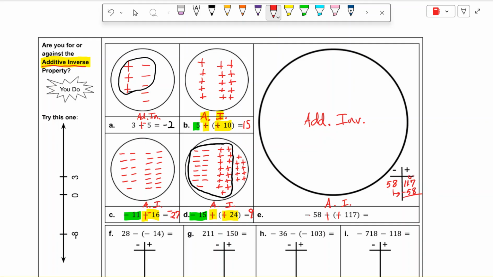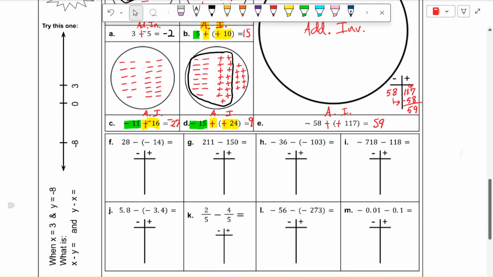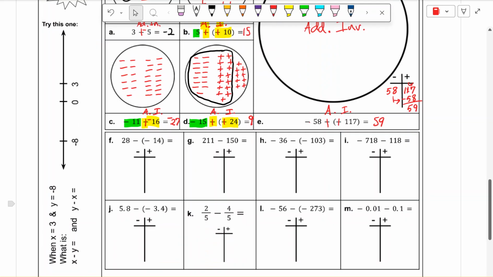I'll have to do some borrowing. So it looks like the answer is 59. That's way easier than drawing out all of those signs. So the T-chart for the win when you're using additive inverse. The T-chart for the win when you're dealing with adding integers, positives and negatives.